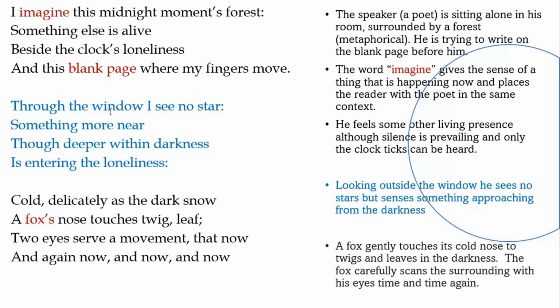Through the window I see no star. He's sitting beside the window and he was looking outside. There are no stars. And you see, the mentioning of stars, because we all know that stars also are related to the idea of inspiration, the coming down of stars.